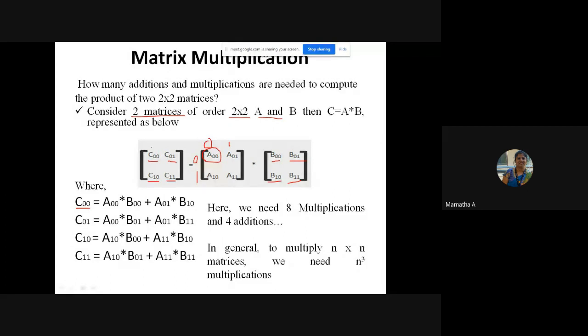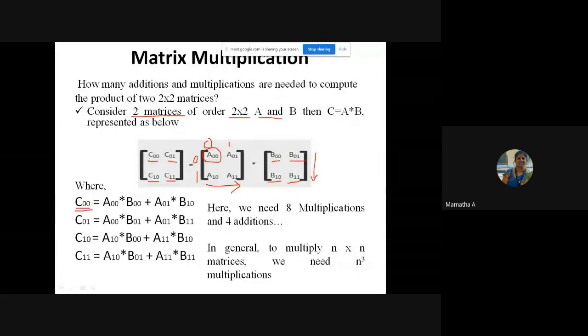What is the formula, or how do you compute it using these two matrices? How do you compute C00?